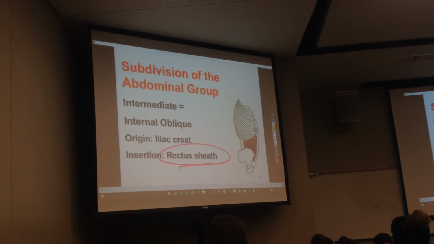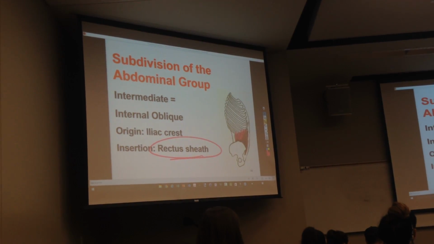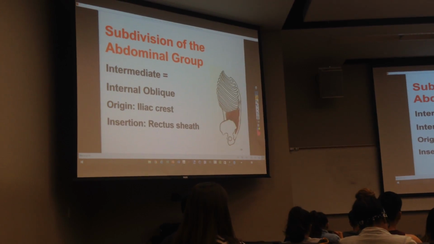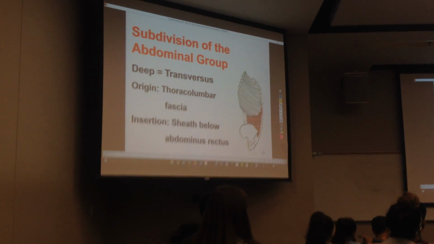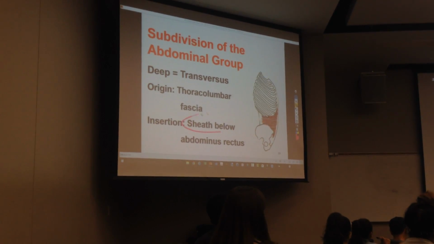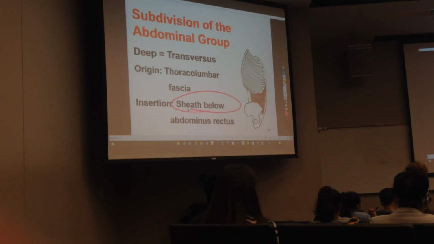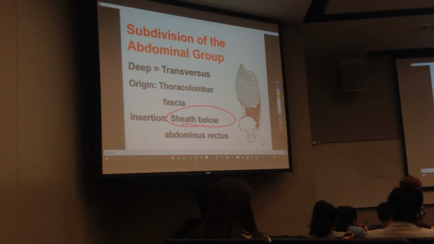Yes, it's also inserting up onto some of those ribs right there, but it's ultimately going to insert onto what's called the rectus sheath. If we look at the deepest layer right here, transversus abdominis, where does it tell you that it's inserting? Onto the sheath, okay?